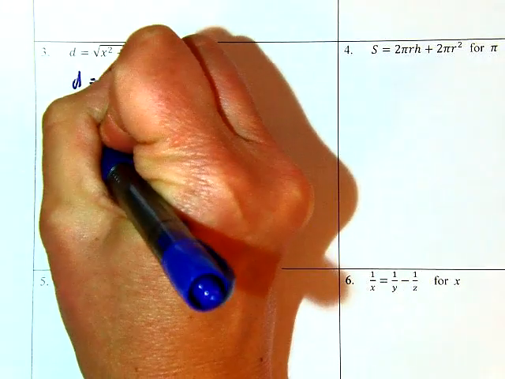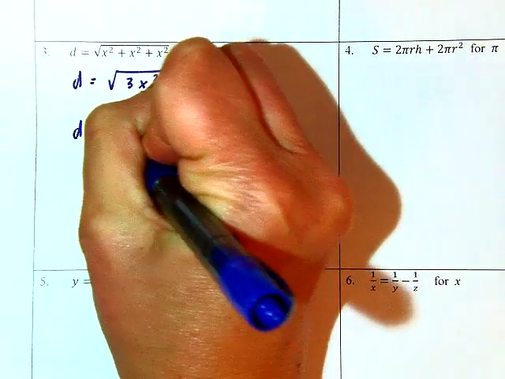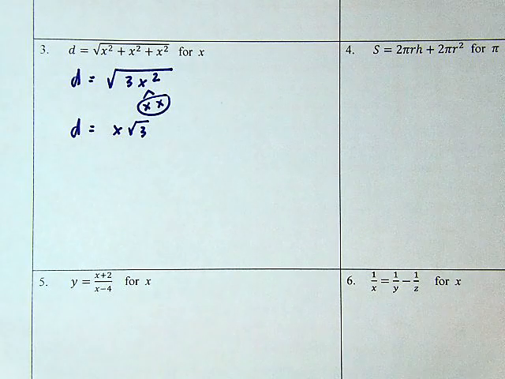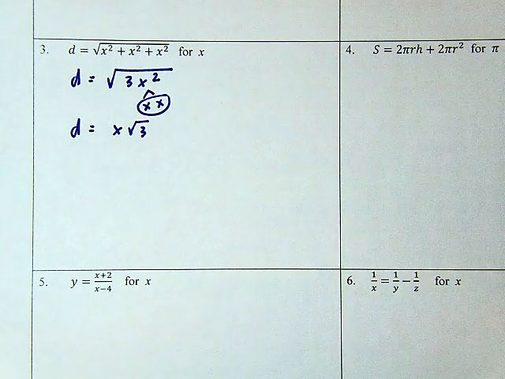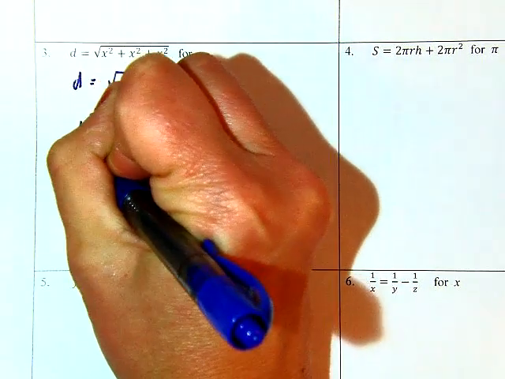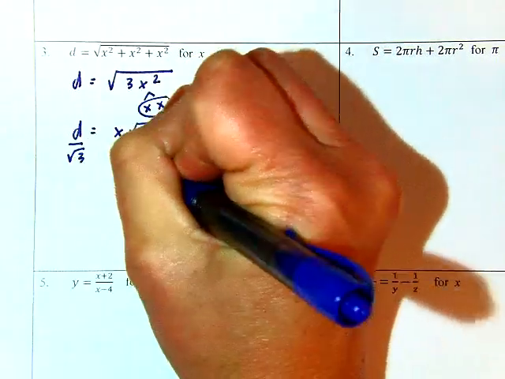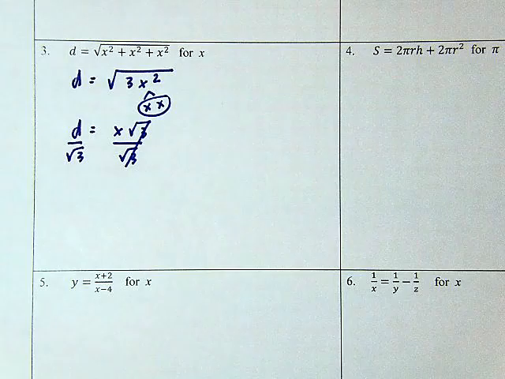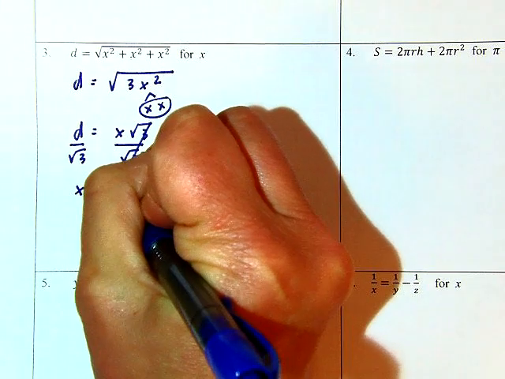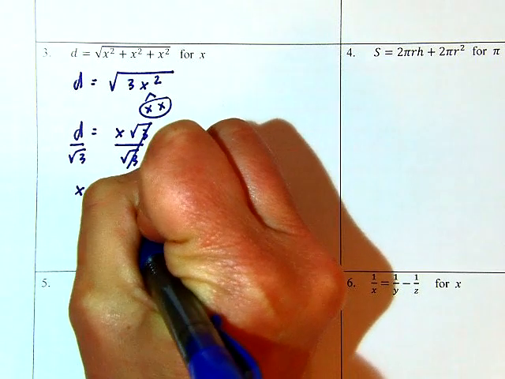So my diagonal d equals x root 3. I'm trying to solve for x. So from here, I would divide each side by the square root of 3. Root 3 over root 3 is just 1. So right now, I have x equals the diagonal over the square root of 3.